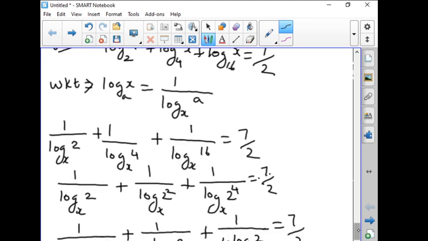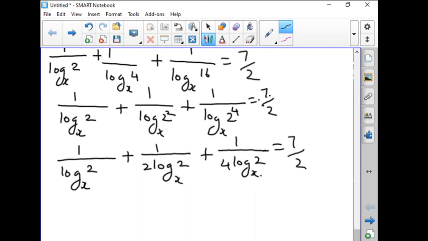Now see in the denominator, each term we are having log 2 to the base x. So we will take it out. So what is remaining?